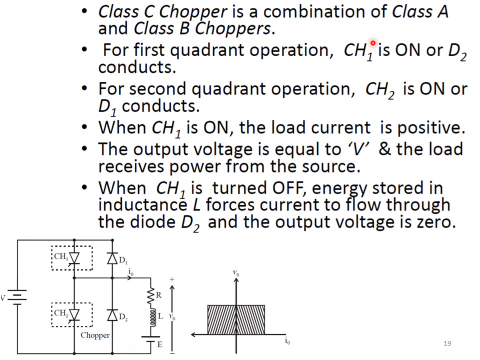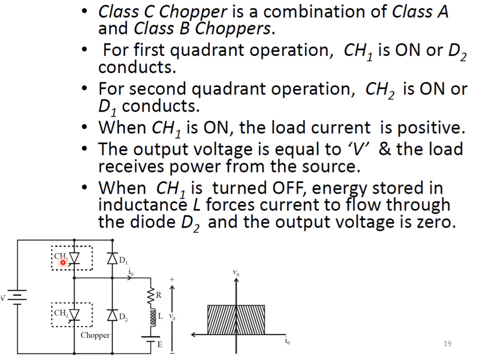So for the first operation, CH1 is on and D2 conducts. Either chopper 1 or D2 will conduct, any one will conduct. For the second operation, we can have chopper 2 which is coming in parallel with this, and we have this diode which is connected in series with B. So these are basically your class A and class B choppers.